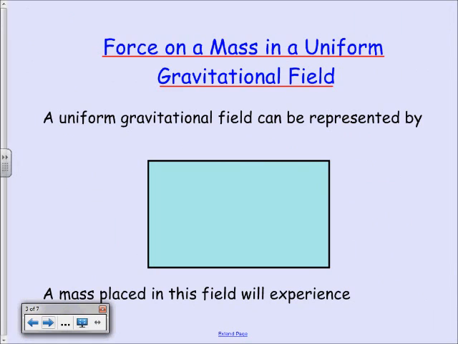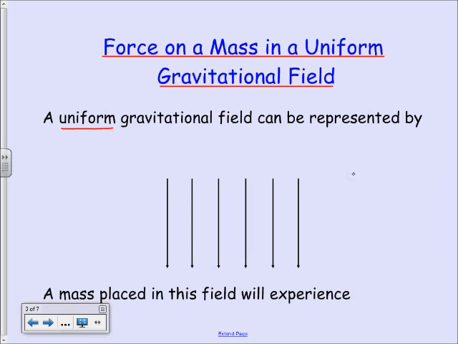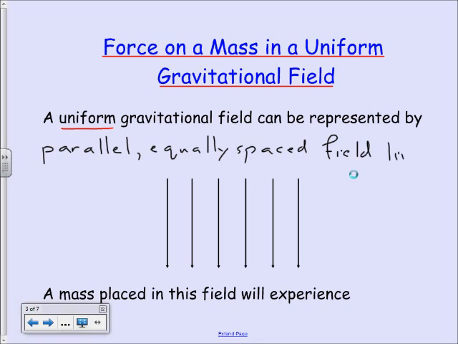Right, force on a mass in a uniform gravitational field. All right, so first of all, how is a uniform gravitational field being represented? So we're talking about uniform. It means it is the same everywhere. So the means by which we will do that is by a series of parallel, equally spaced field lines, as illustrated.